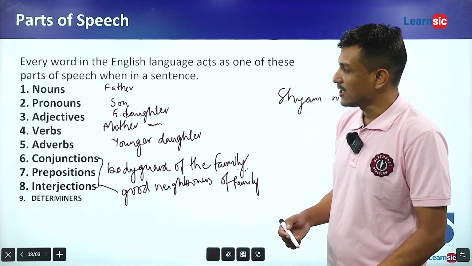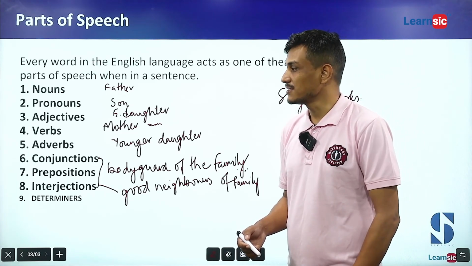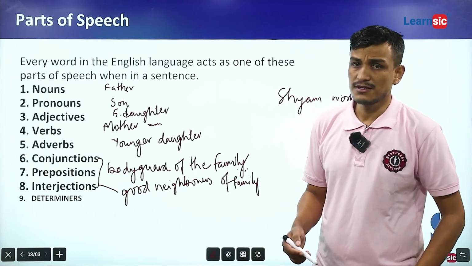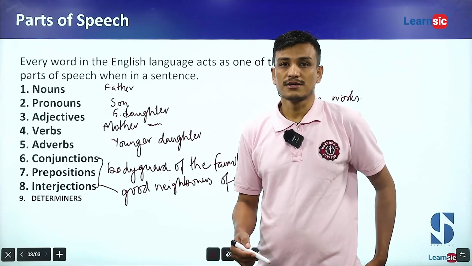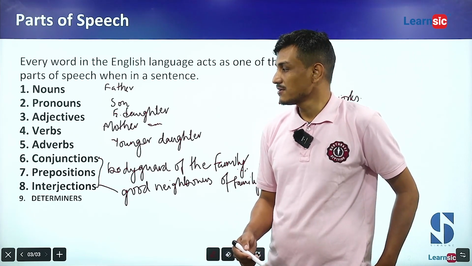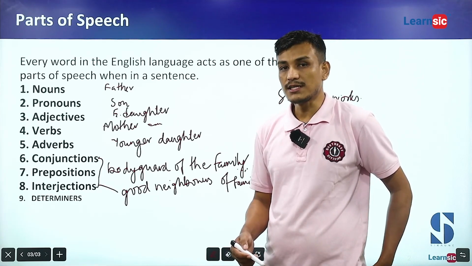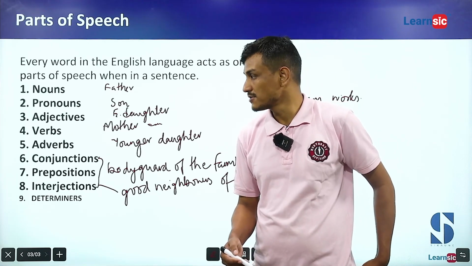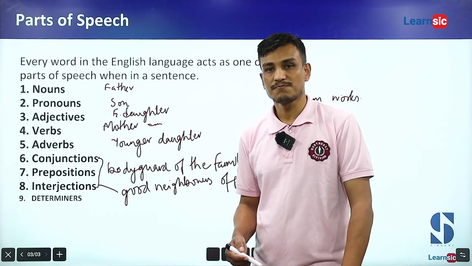Okay, now let me go to adjectives. Adjective is the elder daughter of the family. What do I mean by elder daughter? The elder daughter is always seen talking about the nouns and pronouns in a sentence.